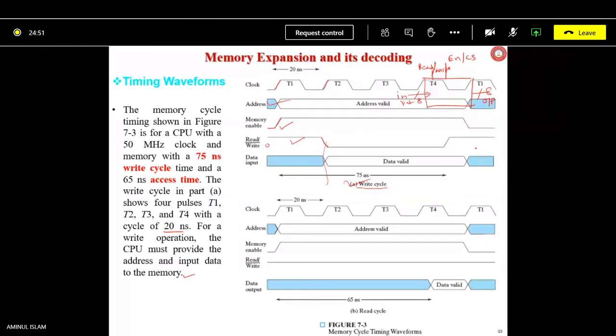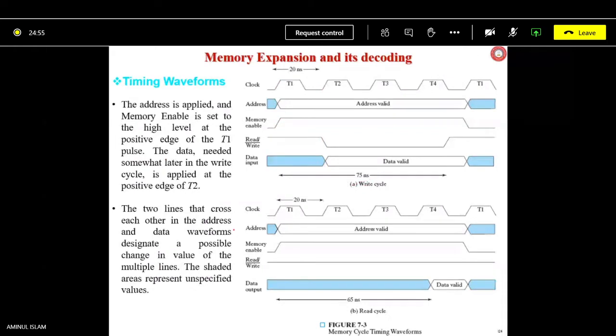You see here the data is valid up to this point, but before that your write operation has occurred. Then after that you make the read write signal high once again.